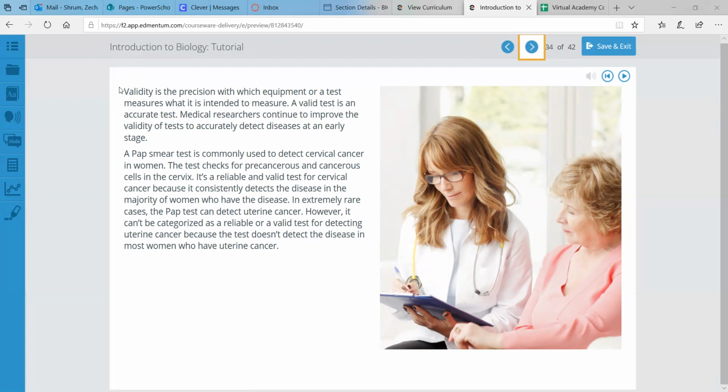So is a piece of equipment measuring what it's measuring? And then a valid test measures that thing correctly. So is a tool designed to measure blood pressure measuring blood pressure?